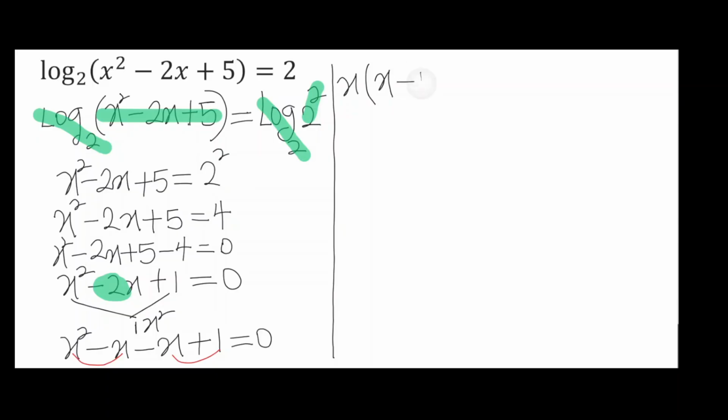Then close the parentheses. Then I'll move to the other group, which is -x and 1. It is easy to see that I am going to be using -1 here.